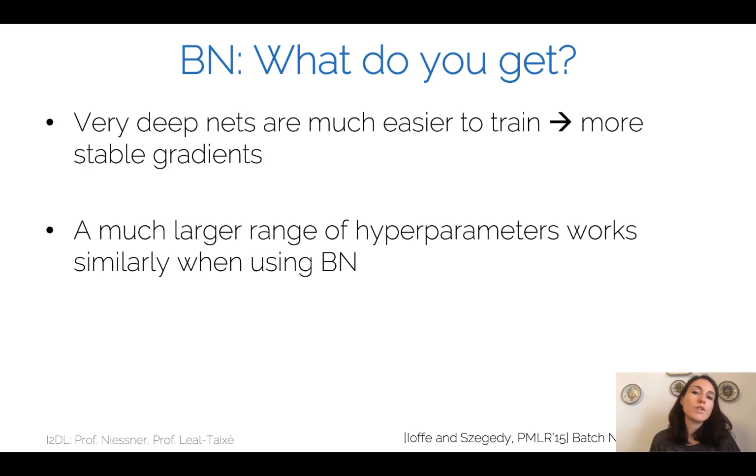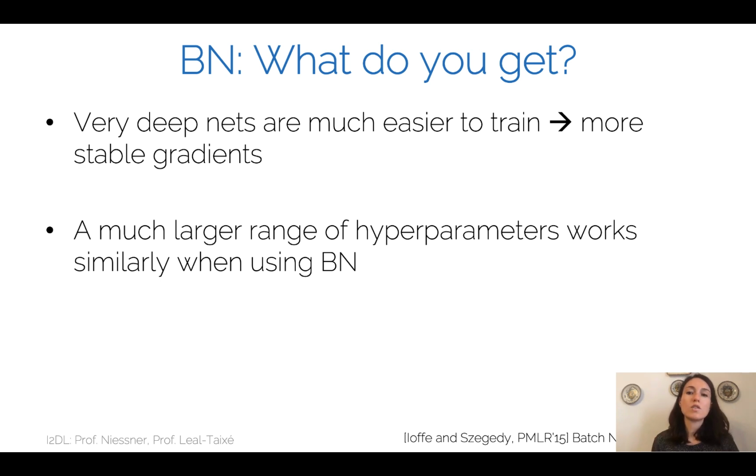So essentially, what do you get from using batch normalization? Well, the most important thing that you get from batch normalization is that your now very deep networks are going to be much easier to train. You're going to have much more stable gradients, same as we saw with the simple example of the initialization and how a good initialization completely changed the training behavior of neural networks.